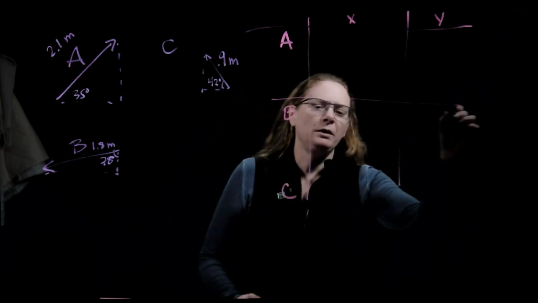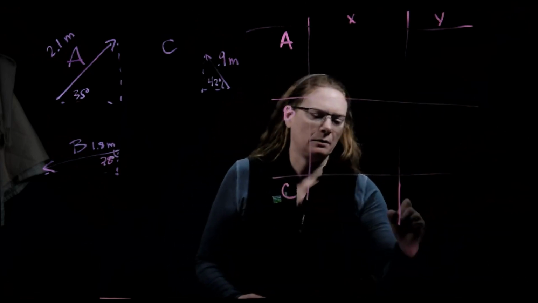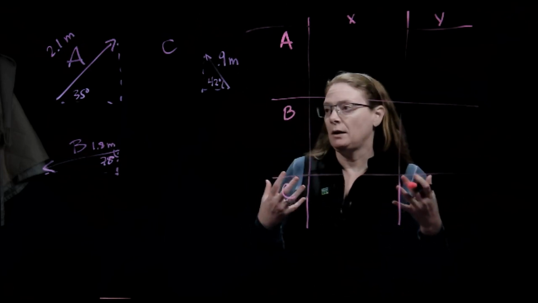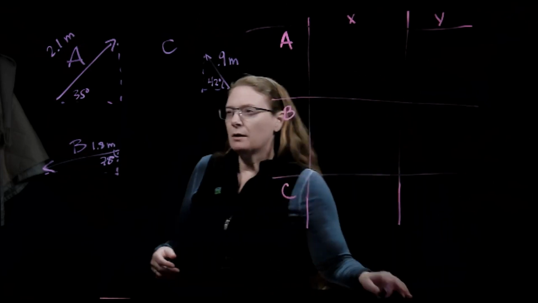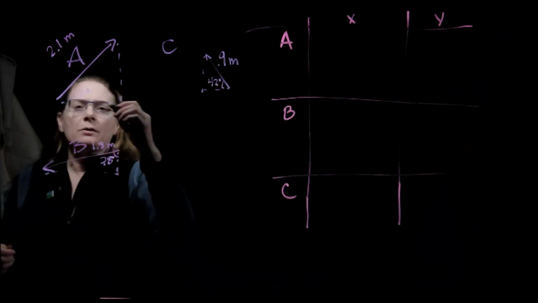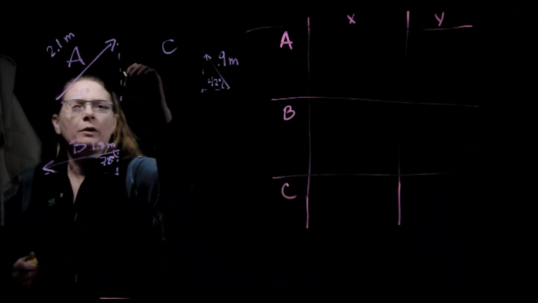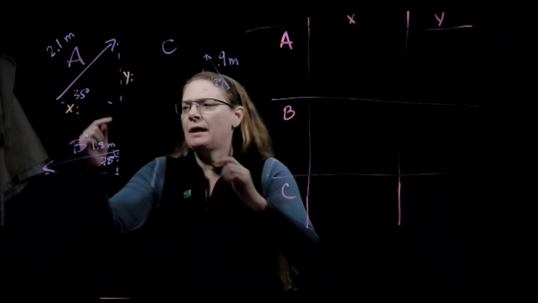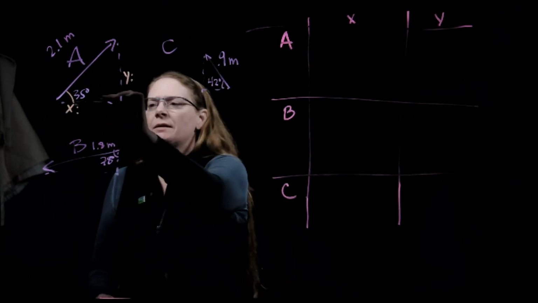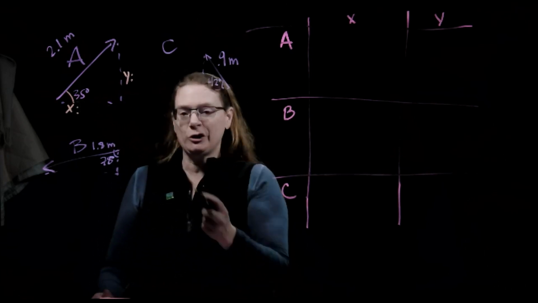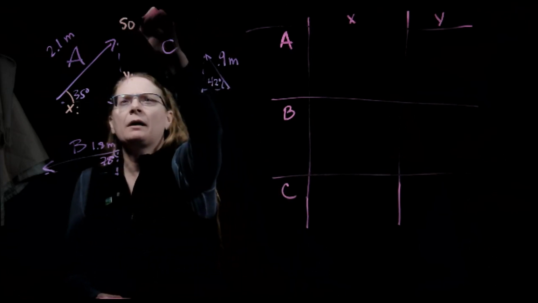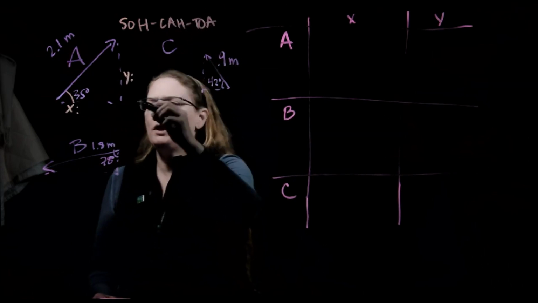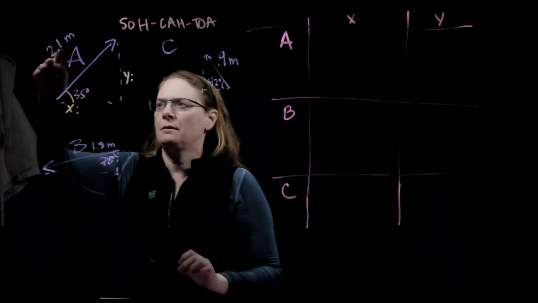So I've got my three vectors, and my first step is to figure out what's the left-right part, what's the up-down part. So if we start with A, this is the x component, this is the y component, and if we look at the angle, this side right here is the side adjacent to the angle. If I look at SOHCAHTOA, which one involves the adjacent and the hypotenuse?